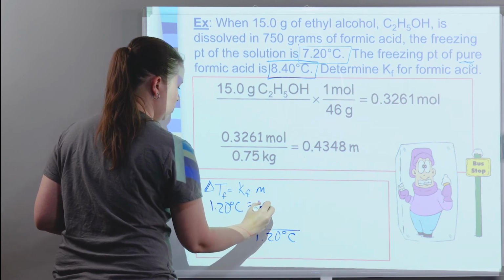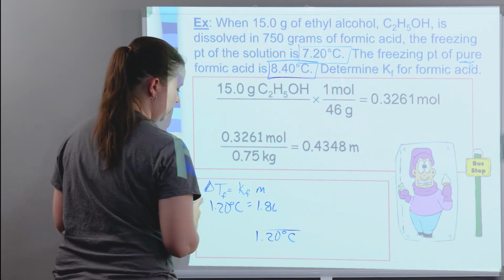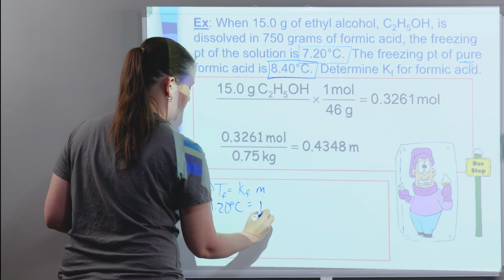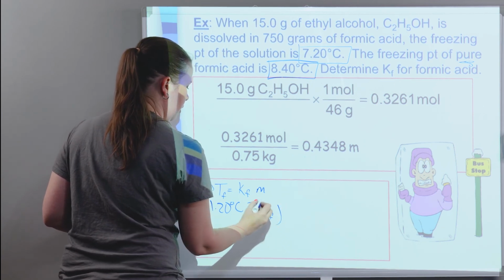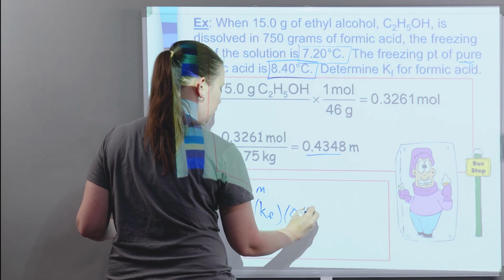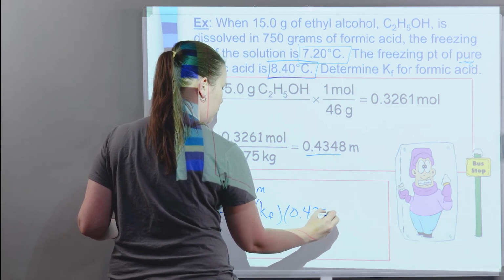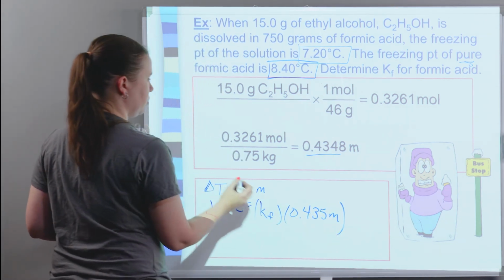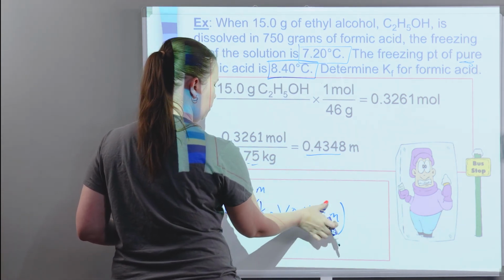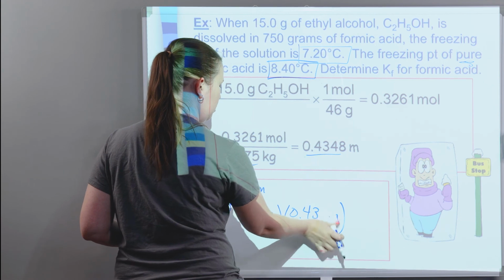The KF is 1.86, no it's not. The KF is what we're solving for. Sorry, bad habit, because it is not water. And then the molality that we just solved for up here, 0.435 molality. Because this should have had 2 sig figs, so let's go 0.43 molality.